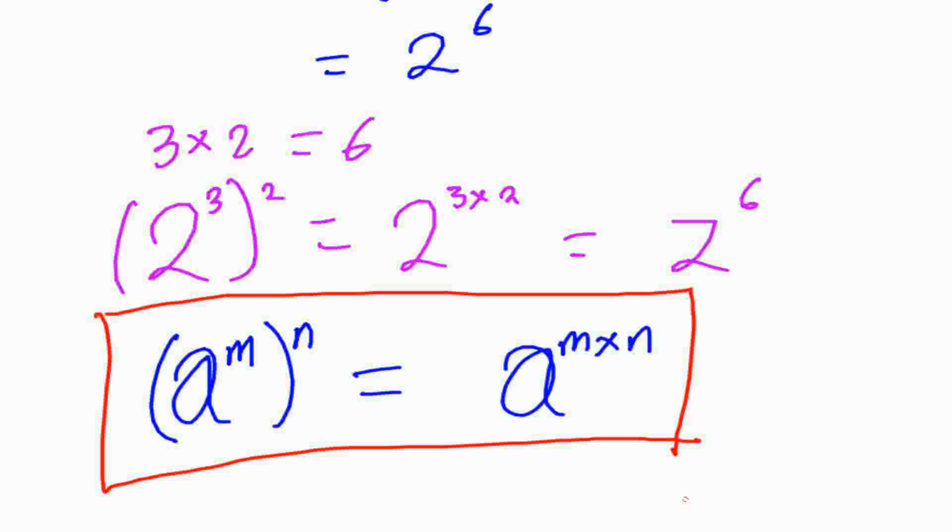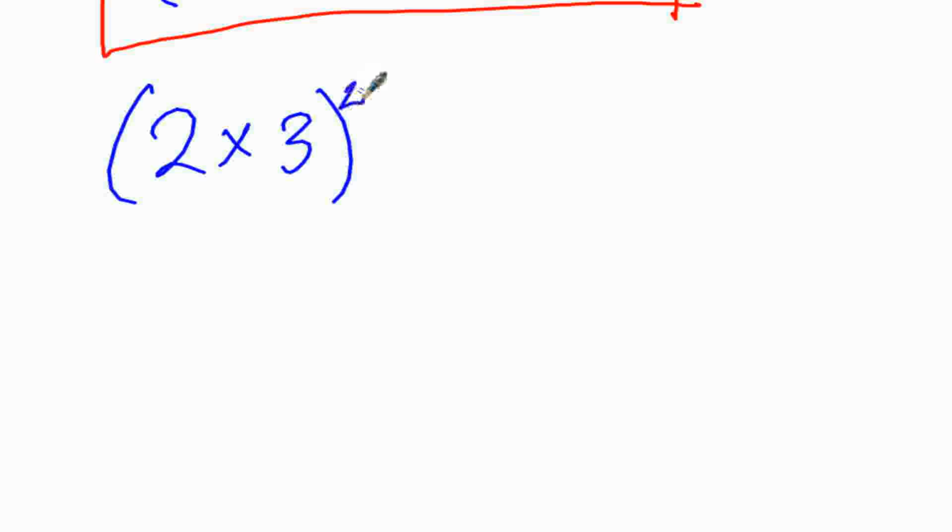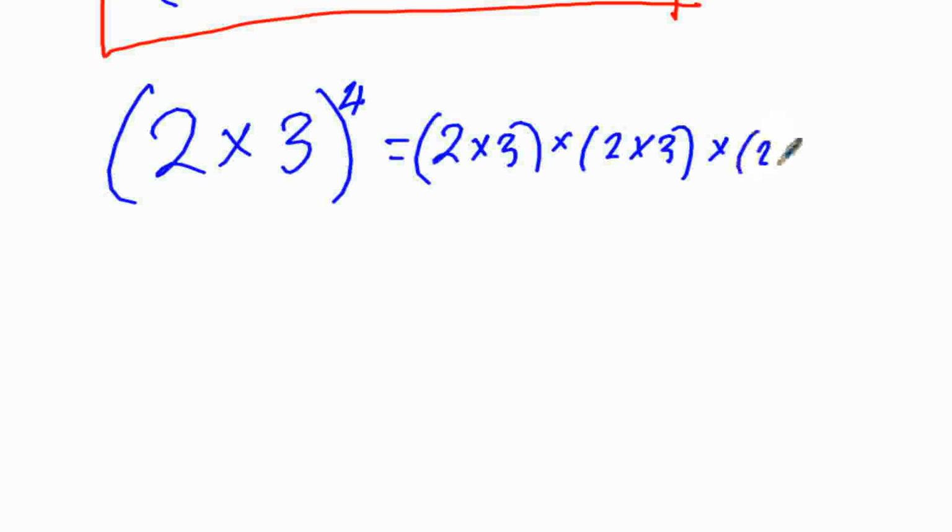So we can go to the next, which we can talk to be 2 times 3 power, let's say 4. 2 times 3 power 4 means that you're multiplying this 4 times: 2 times 3 times 2 times 3 times 2 times 3 times 2 times 3.